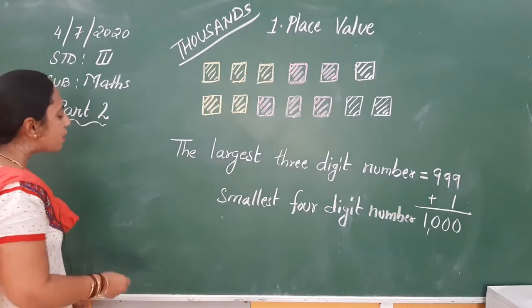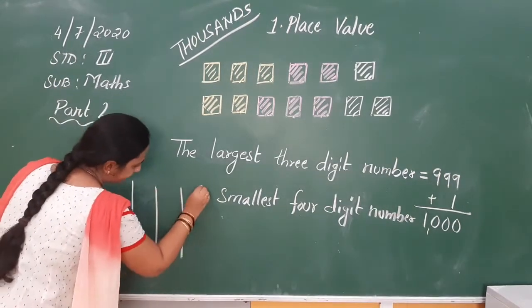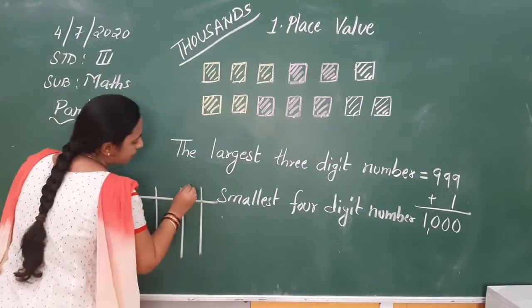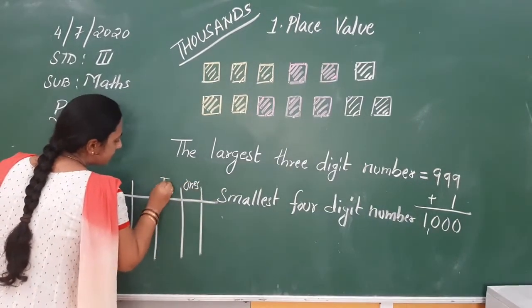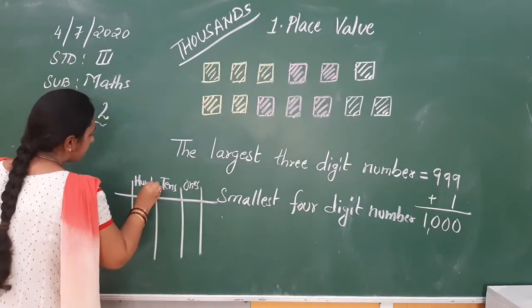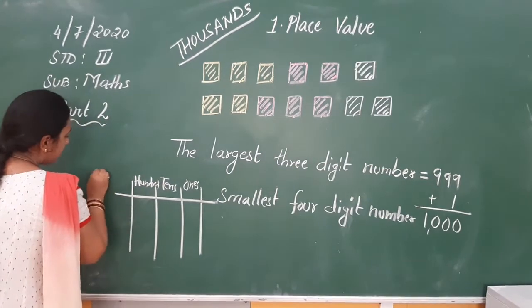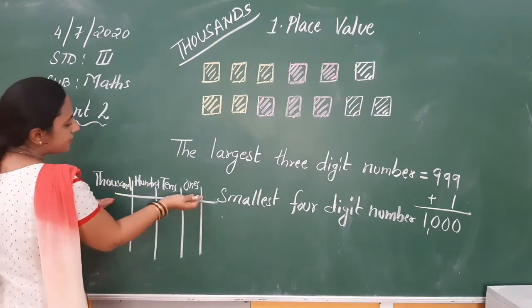Now if we say 1000 in the place value chart, this is ones, this is tens, this is hundreds, and this is thousands. We will start with ones.